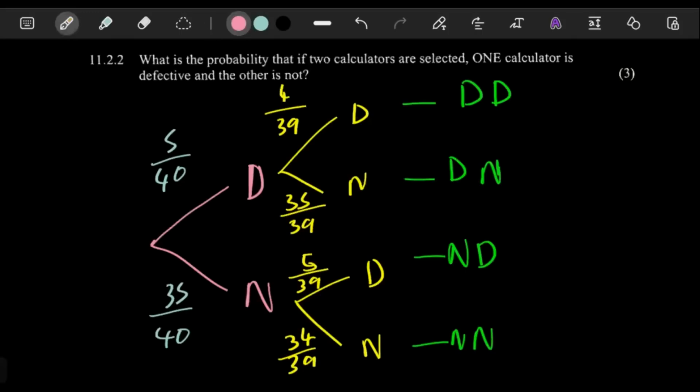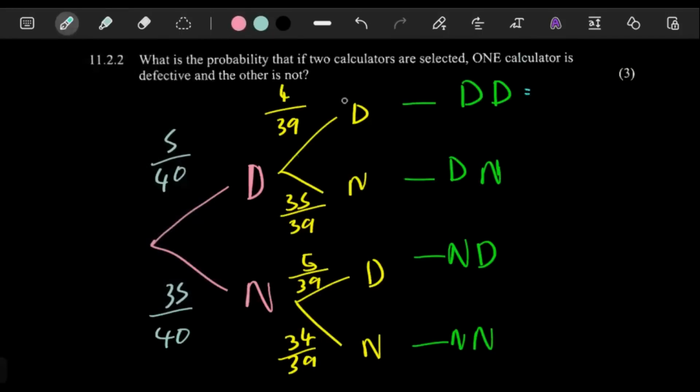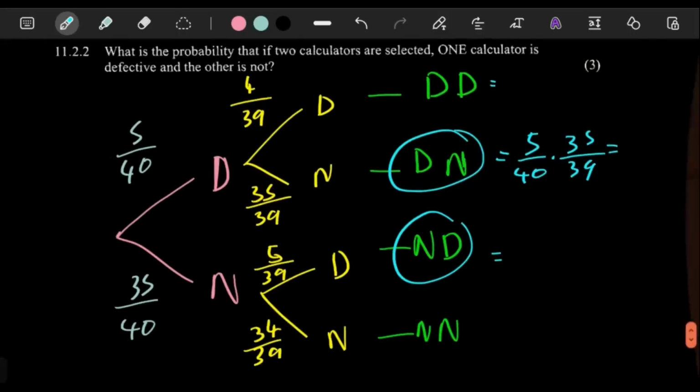So keeping that in mind, each outcome is this times the previous one. We want a scenario where it's one defective and one non-defective, so it means this or this. Those 2 outcomes, it's going to be this multiplied by the previous one. Let's see what this probability is.